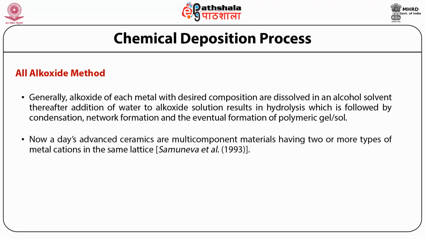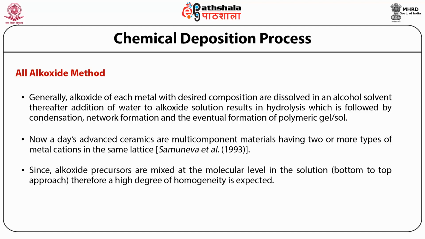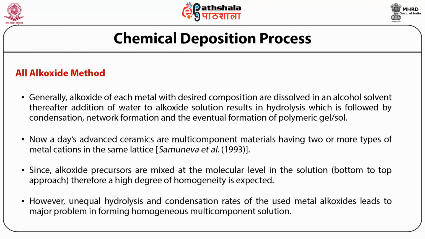Nowadays, advanced ceramics are multi-component materials having two or more types of metal cations in the same lattice. Since alkoxide precursors are mixed at the molecular level in the solution in the bottom to top approach, a high degree of homogeneity is expected. However, unequal hydrolysis and condensation rates of the used metal alkoxides lead to a major problem in forming a homogeneous multi-component solution.